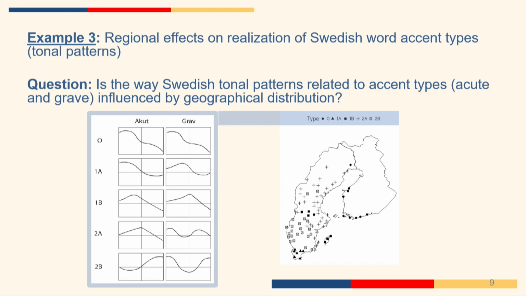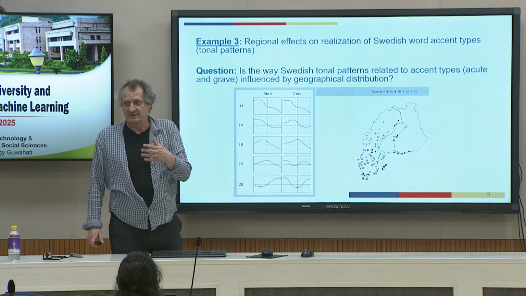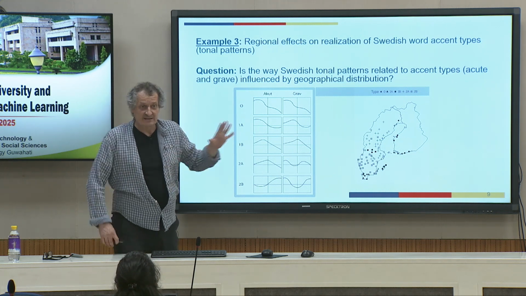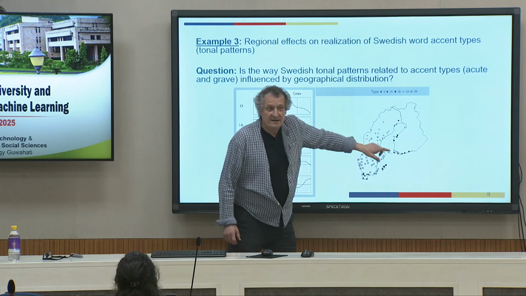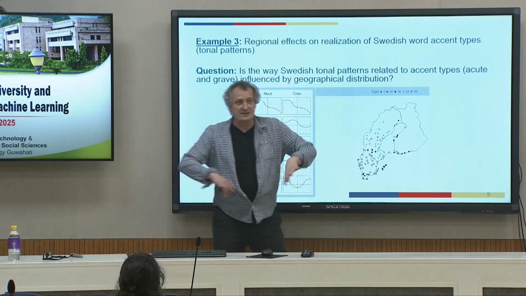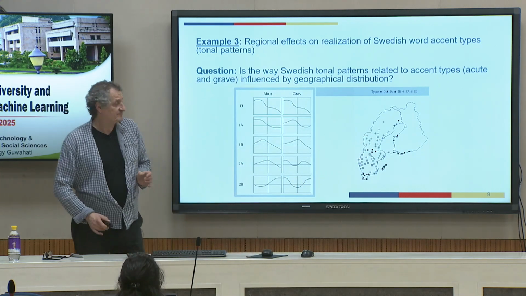The linguists identified five different tonal dialects, five different ways people realize these things. For example, Swedish is, by the way, an official language in Finland as well. Only about 7% of people use Swedish as their preferred language, but it's still an official part of Finland. It's spoken in the coastal areas of Finland.